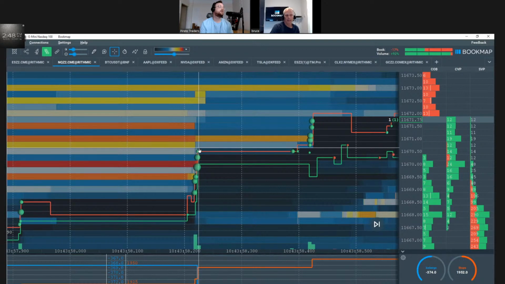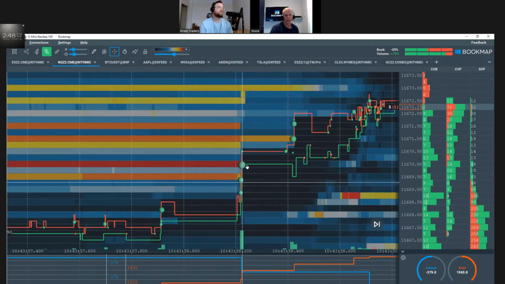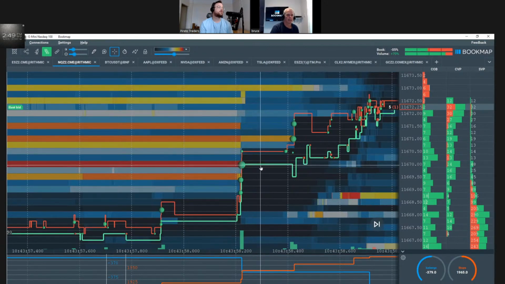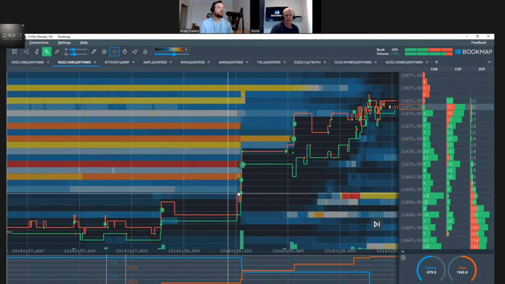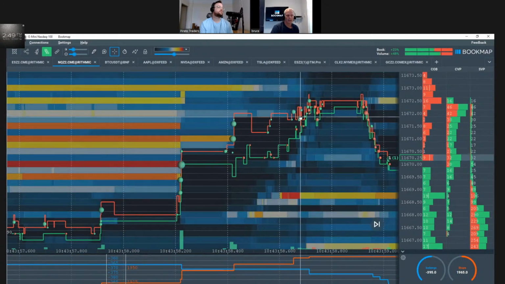What matters after that is the participants after the event. Because there's a stop run above a price level, that is meaningless. We just know that it was a stop run. Maybe price comes back down here to this level at 668, and we find more buyers, and they're interested in trading higher. So that's what we want to know.